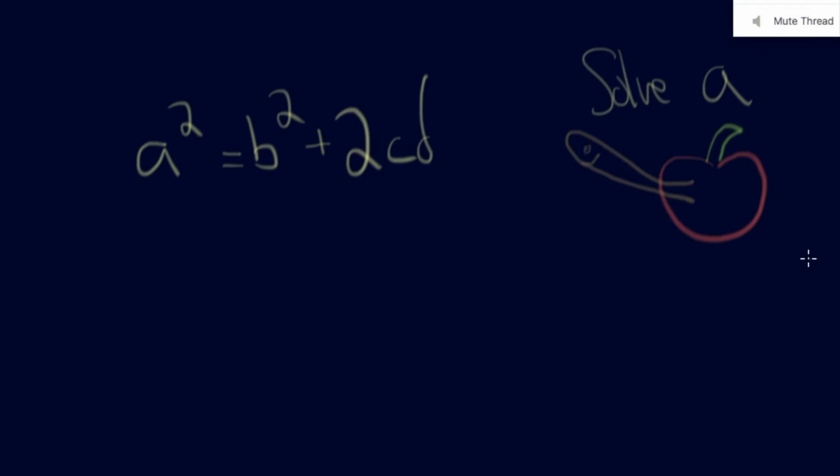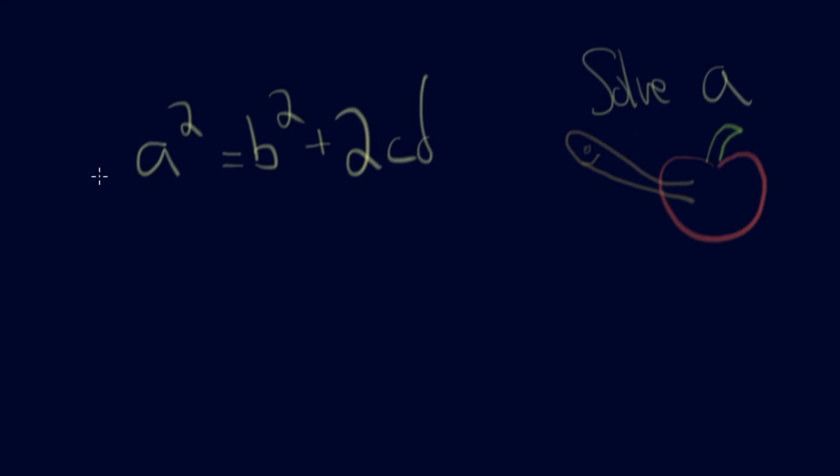So, what's going to happen now? Let's go and start doing some algebra. So I want to get a all by itself. Well, all of a sudden, this is a squared. So a couple things is, how do I get rid of something that's squared? This would be pretty easy, actually.